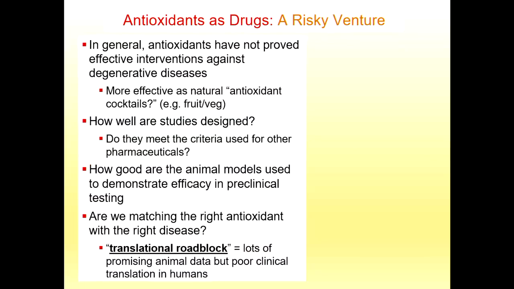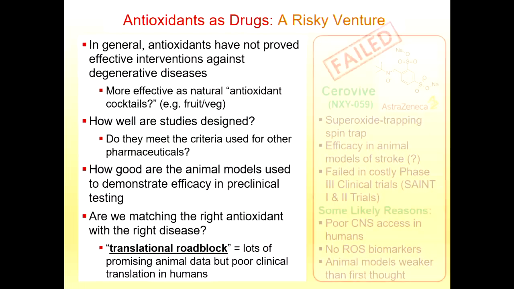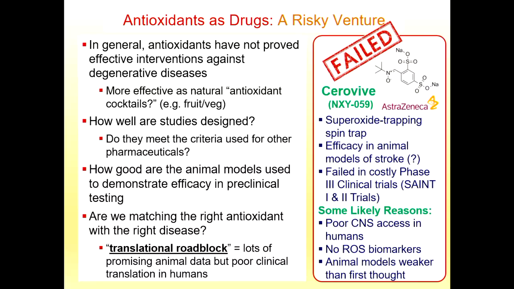And also one of the problems in getting these molecules onto the market has been some very bad experiences. I'm trying to remember when this was. It was probably about the early 90s, I remember. This AstraZeneca molecule, Cerovive.